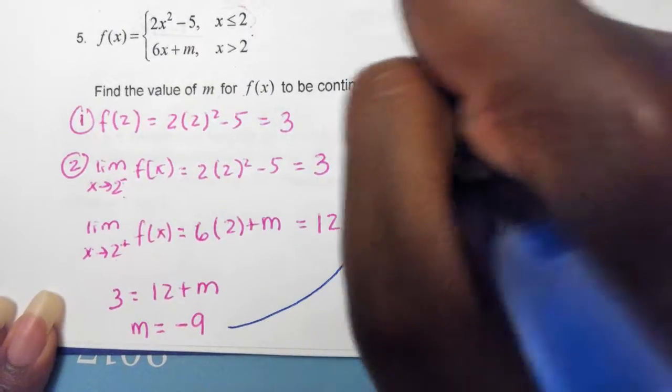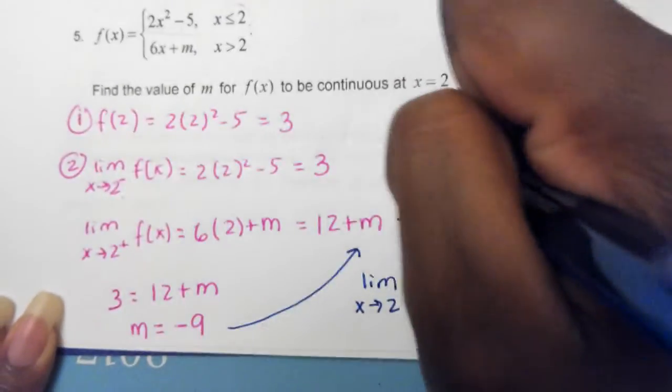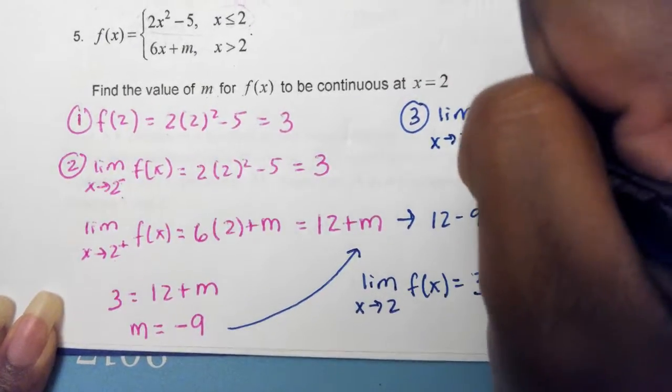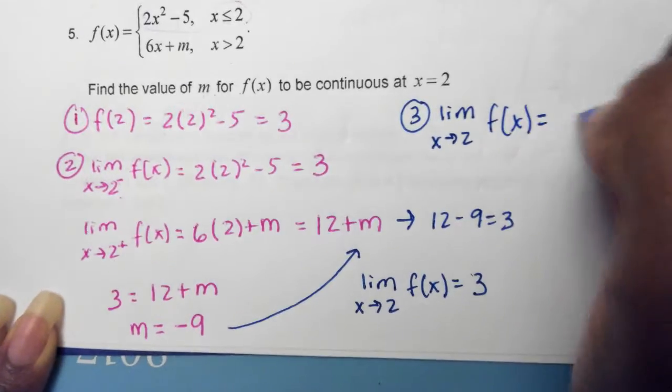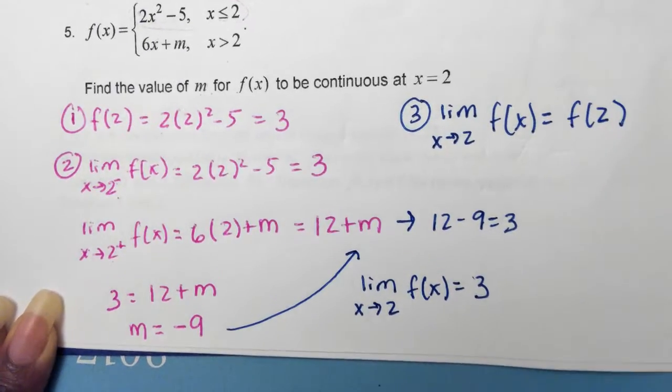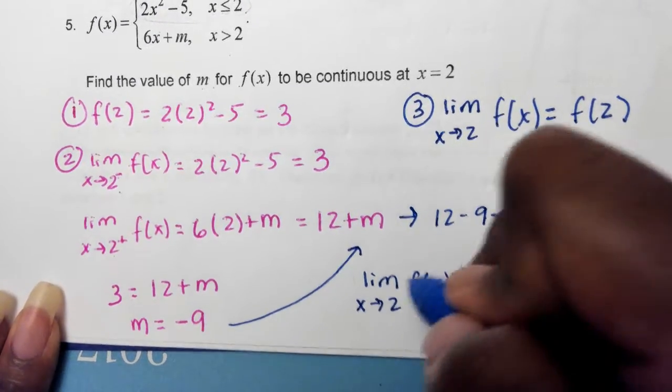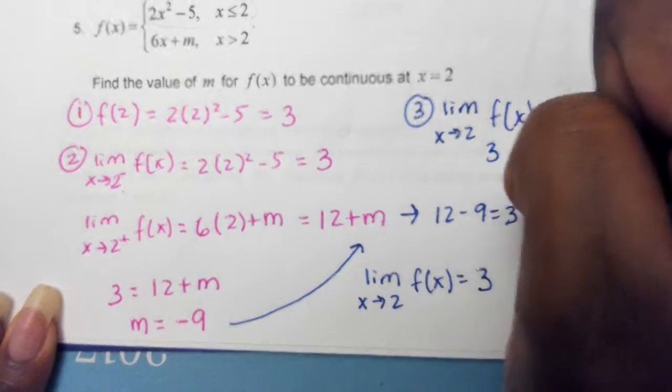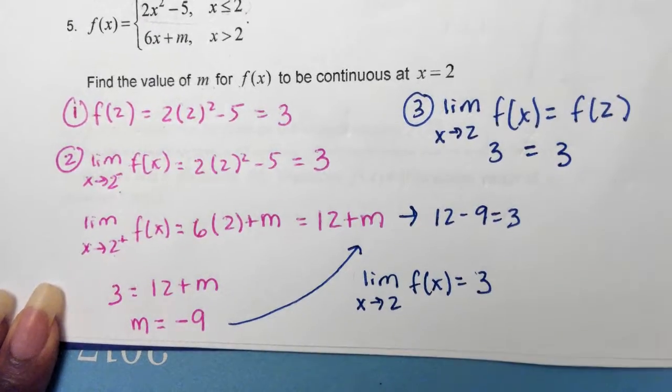And our third step of continuity is proving that the limit as x approaches 2 of f of x equals f of 2, which we did because the limit was 3 and f of 2 was also 3.